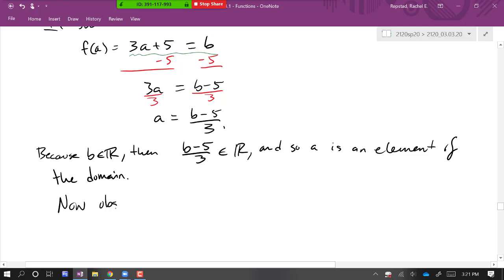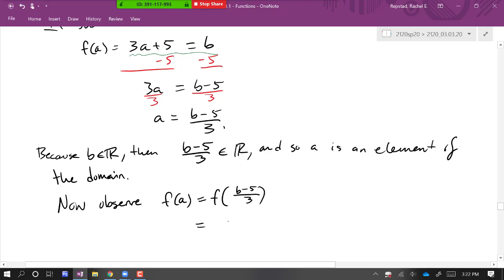Now observe. This is the last thing we're going to do. We're going to find f of A and show that it maps to B. We picked a random element B in the reals. We found this element. This is our assertion, our hunch. We think this is the guy right here, B minus 5 over 3. So now we're just going to show that it maps to B. So f of A is f of B minus 5 over 3.